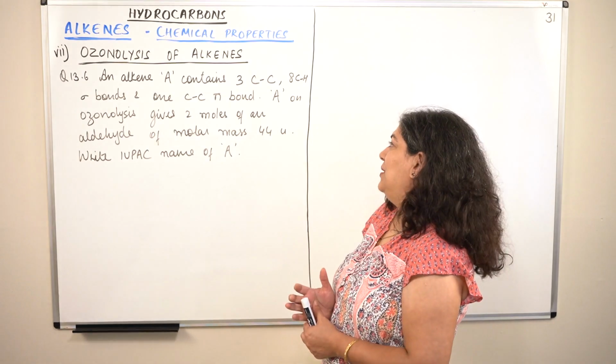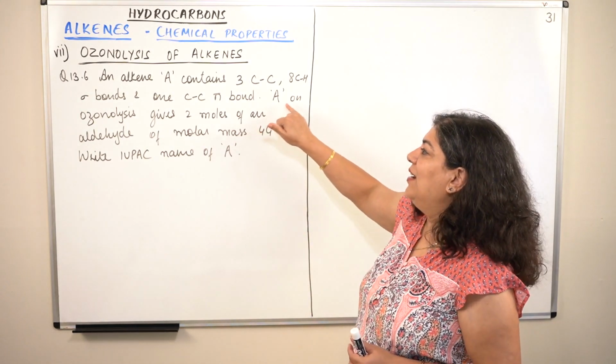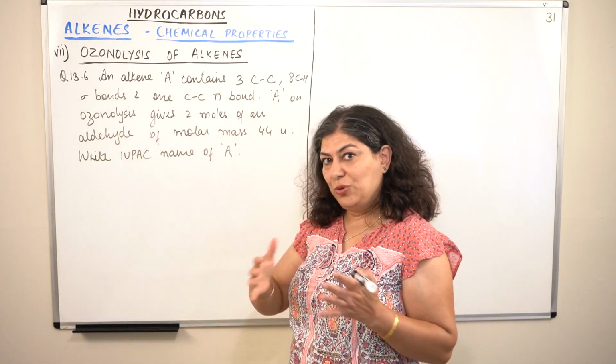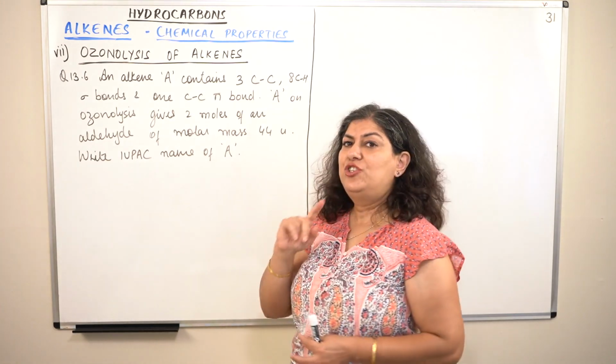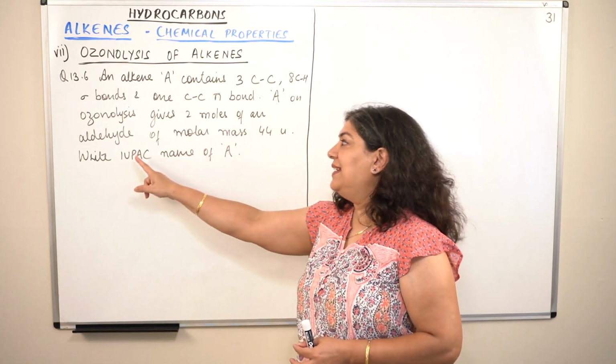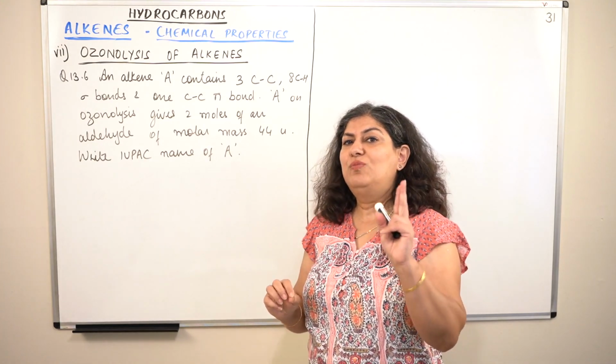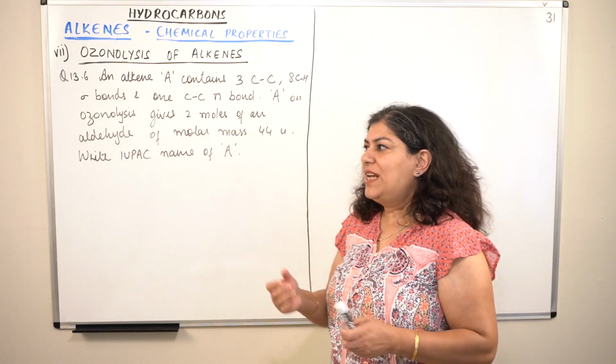Then the second thing he says is that when you carry out the ozonolysis of A, it gives 2 moles of an aldehyde. What have we seen?